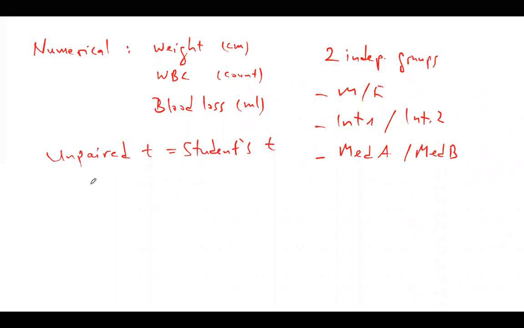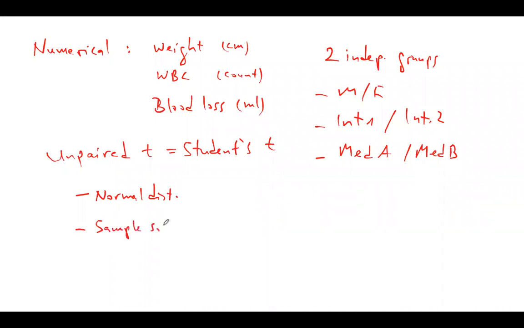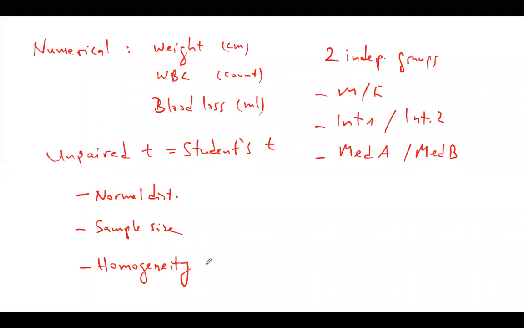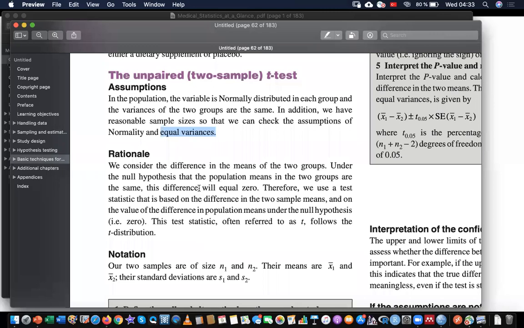So the three assumptions. One, normal distribution. Two, sample size. And three, homogeneity of variances. I will explain what this is. This is the third assumption.